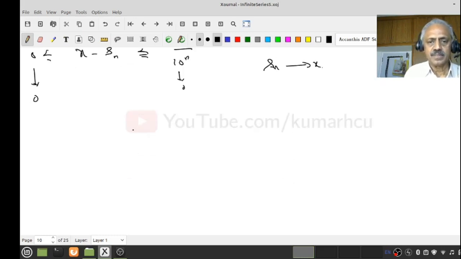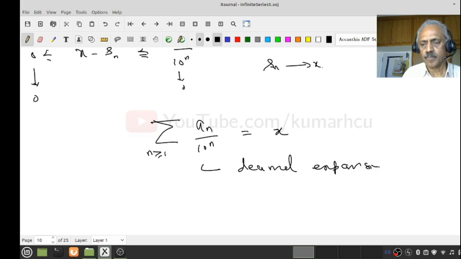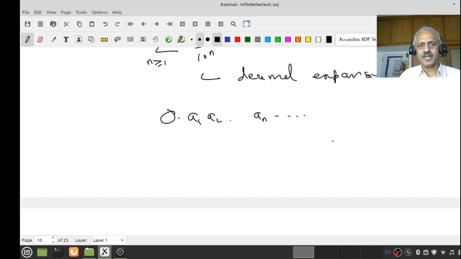That means the sum of this infinite series, an by 10 to the power n, is called the decimal expansion. Usually you won't write it as a1, a2, an and so on, but now I'm sure you understood what the decimal expansion actually stands for.